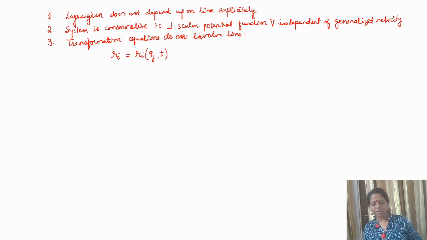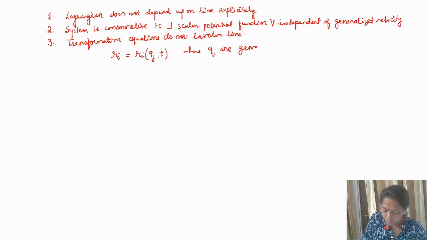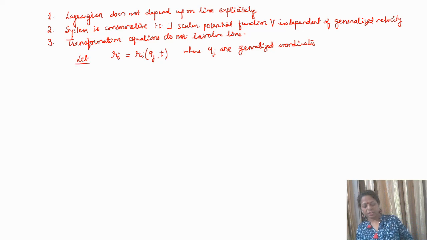Under the third condition, there will be no dependency on time, where Qj are generalized coordinates. So this is the initial description of the transformation equations for your dynamical system.